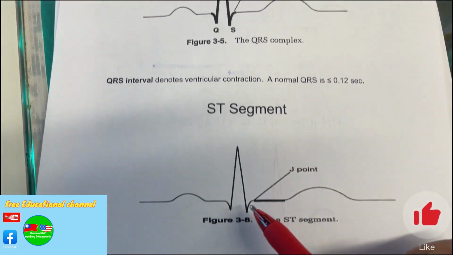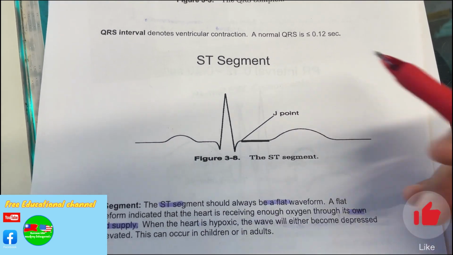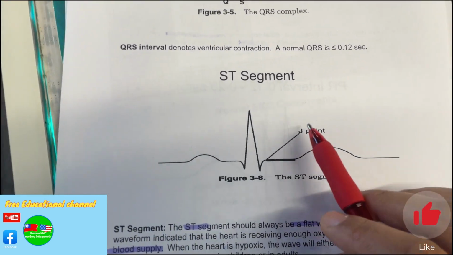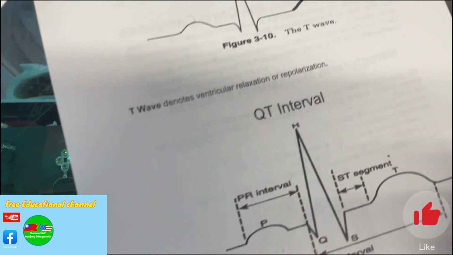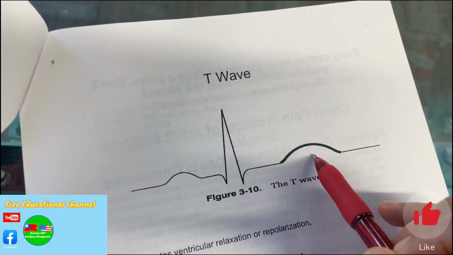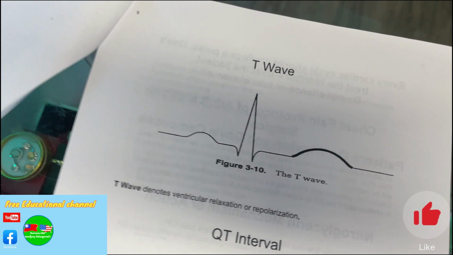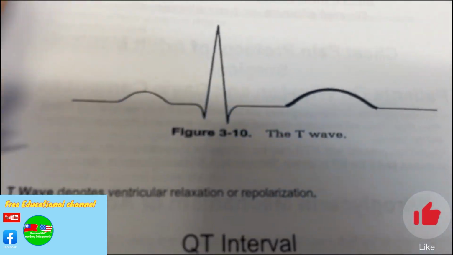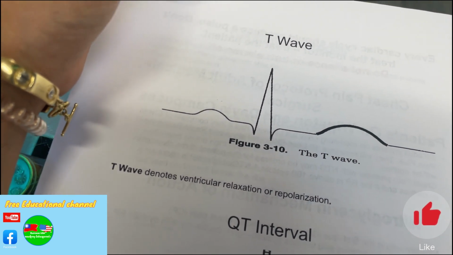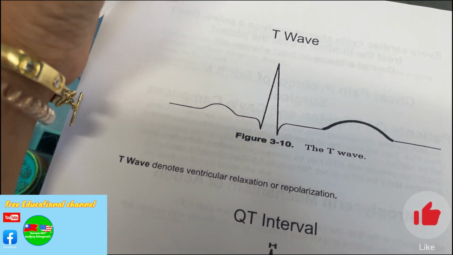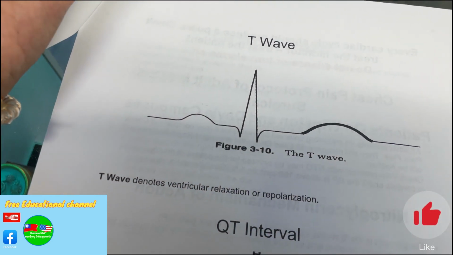Okay, now the ST segment. Like I said, ST should be flat, and if it is either elevated or depressed, it is like hypoxia. And is there any time for that? No, it doesn't have that. Okay, T is here. It's called ventricular repolarization. Remember, guys, these are medical terms. I don't know who invented that, but it makes it really not understandable to normal people, because it has the same meaning but different kinds of terms.